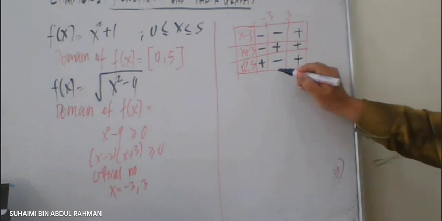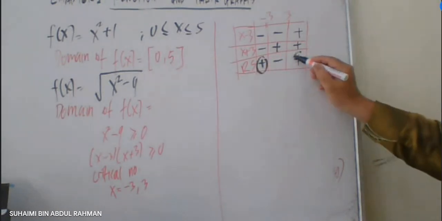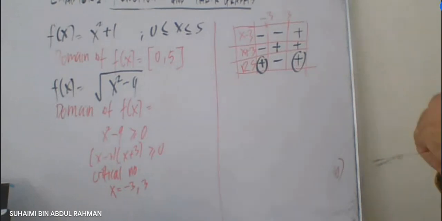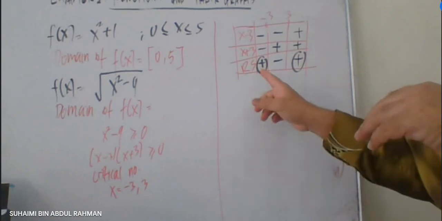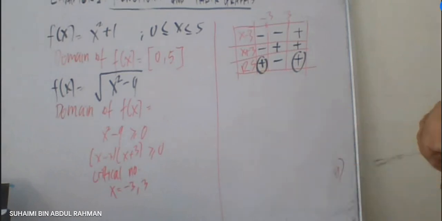Positive. Which one do we take? Positive. Therefore, look at it where? Why do we choose positive instead of negative? Because the inequality is more than 0.